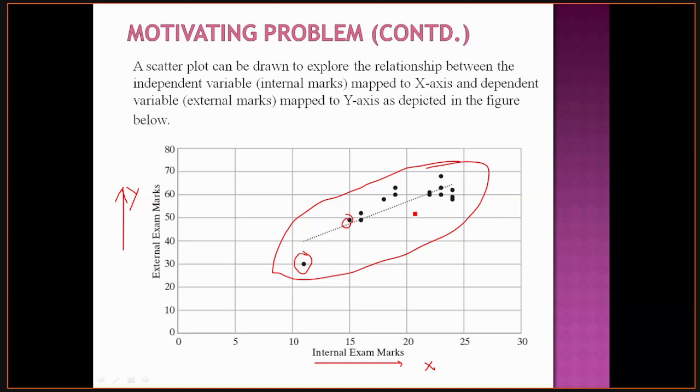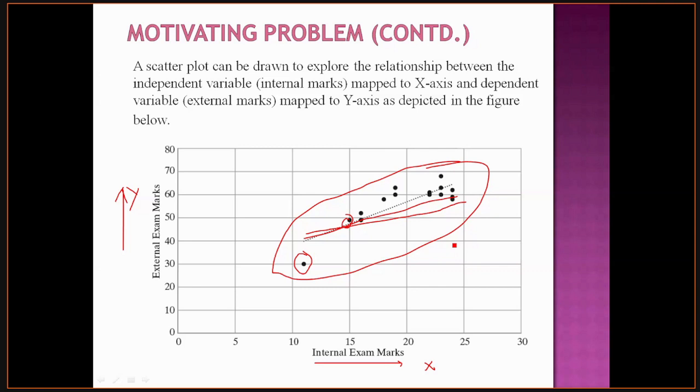I can do the scatter plot and figure that out, and we have already seen that. Now the question is, how do I decide on the straight line equation? This can be one option for a straight line, this can be another option, and this can be another. Which option should I choose?